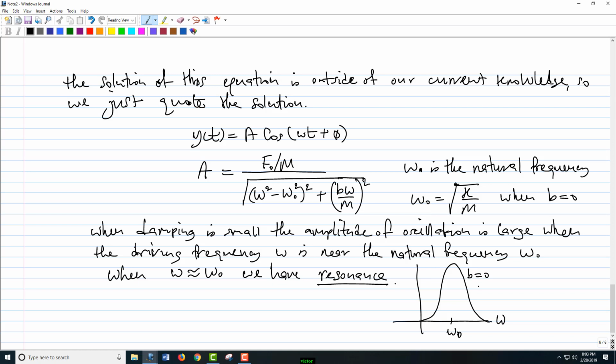There are other amplitudes also, so for very large b, you have a very small amplitude. So this will be when b is large, and for a relatively smaller b, you can have an amplitude that looks like that. And b equals 0 means you have resonance. So we'll stop here.